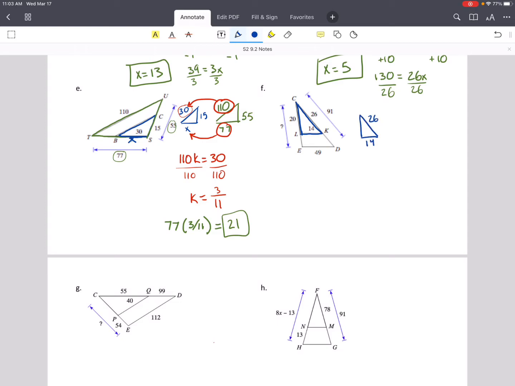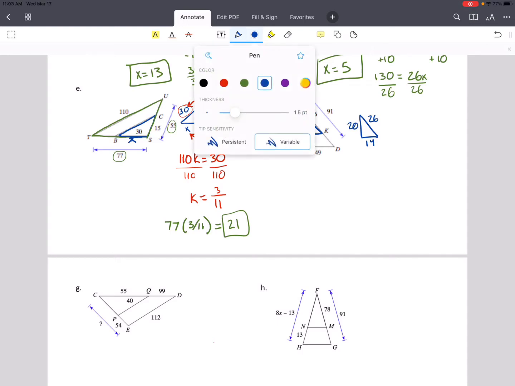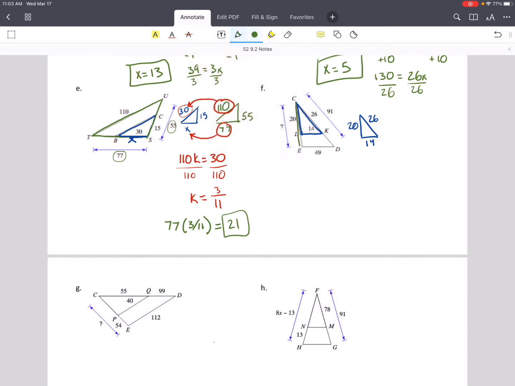26, 14, 20. 49 is x. So I know I'm going to have to multiply 20 by something to get me to x, which means that I can take either of these from the blue and then get it over to the green.